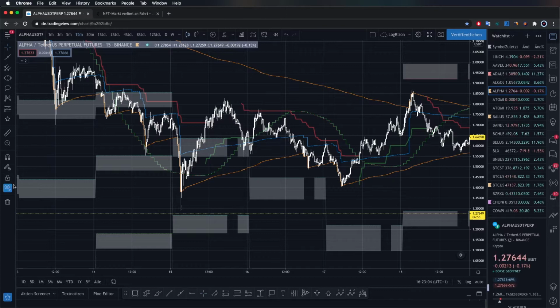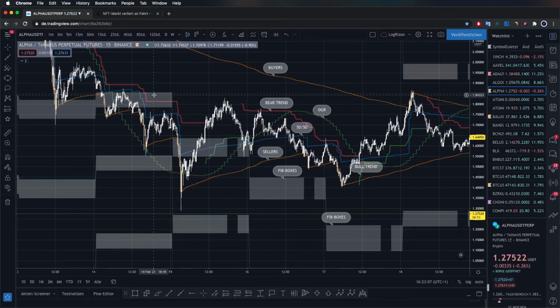To shortly explain the most important things you can see here: for sure the white line is the course of the price line of the alpha coin, running in 15-minute candles. And now we have the most important parts I took out from the DGR.